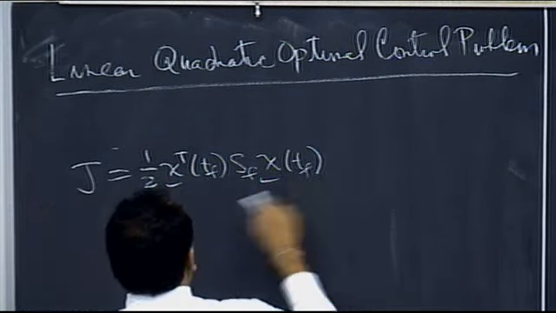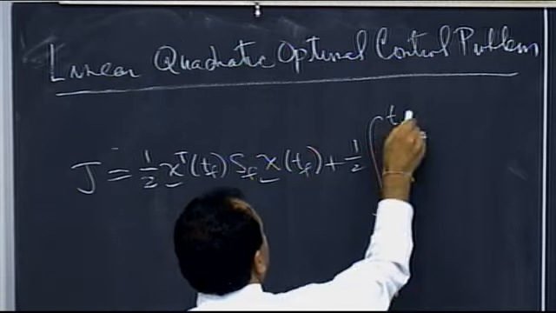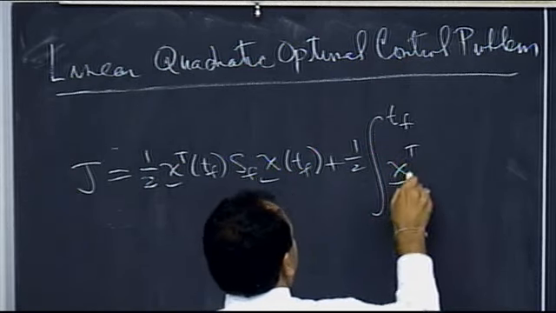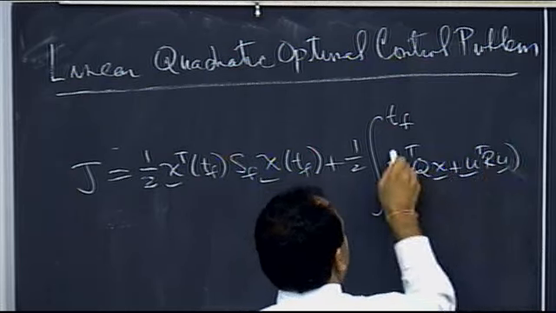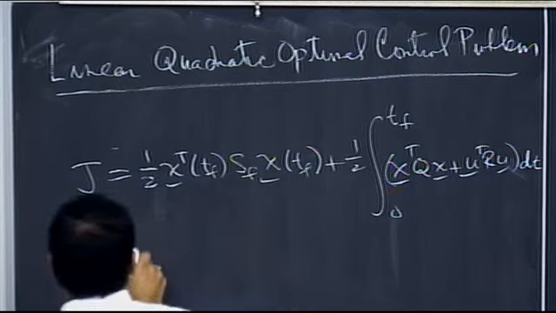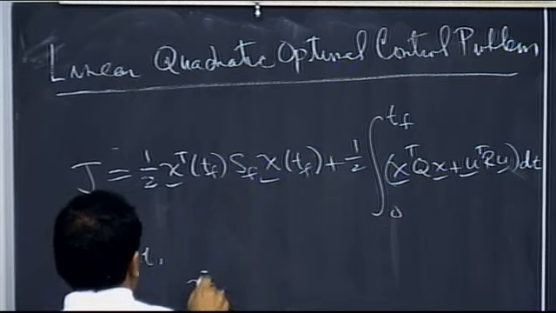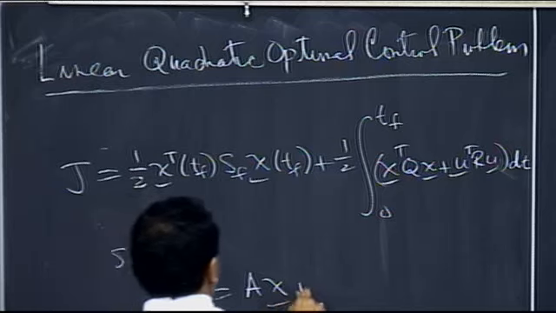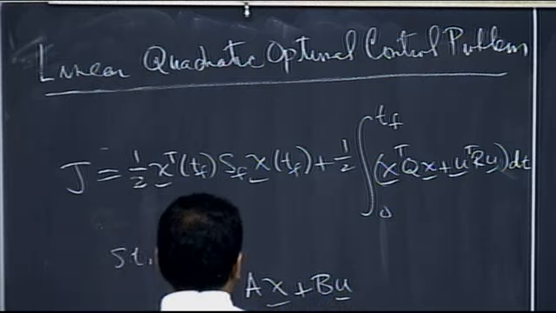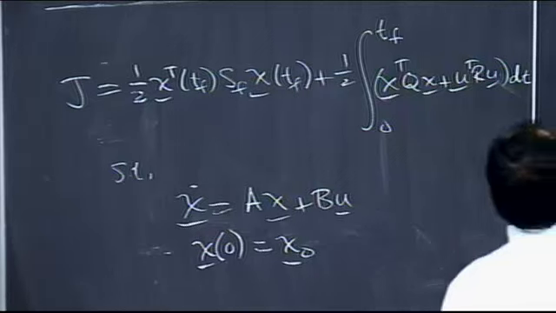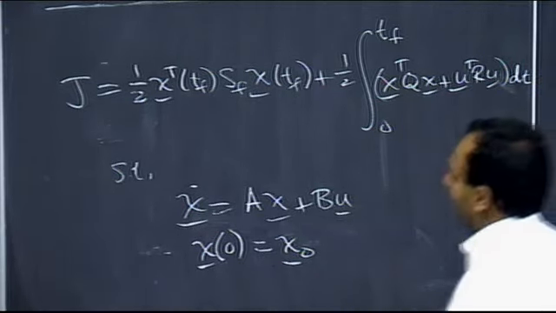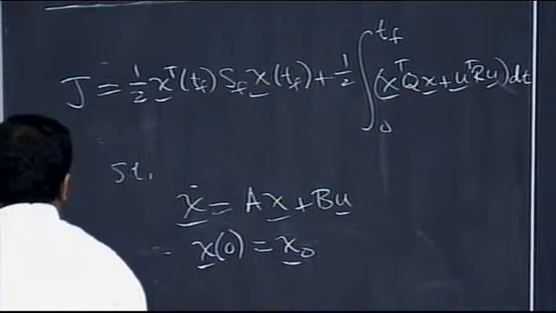You minimize this, plus 1/2 the integral from 0 to TF of X transpose QX plus U transpose RU dt, subject to the constraints that X dot equals AX plus BU with the initial condition X(0) equal to X0. Now, this is what's classically known as the finite horizon linear quadratic optimal control problem.